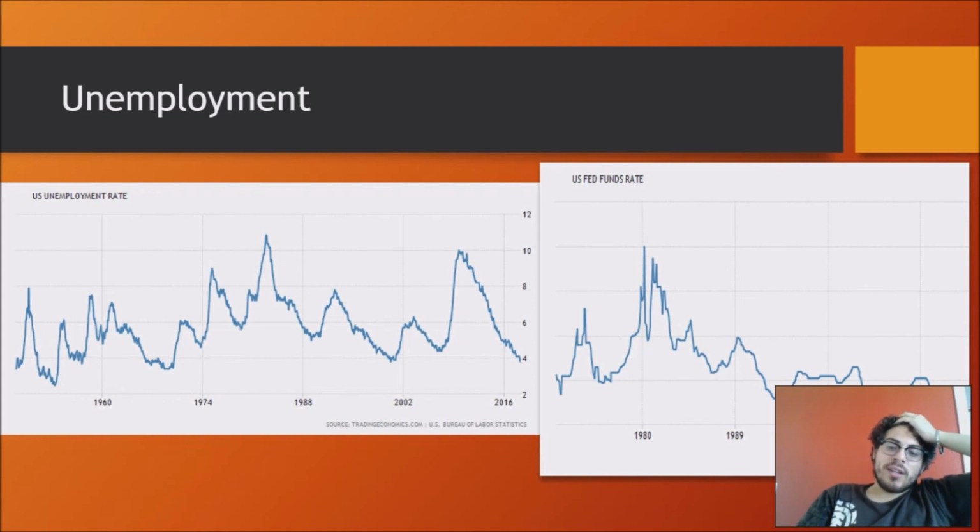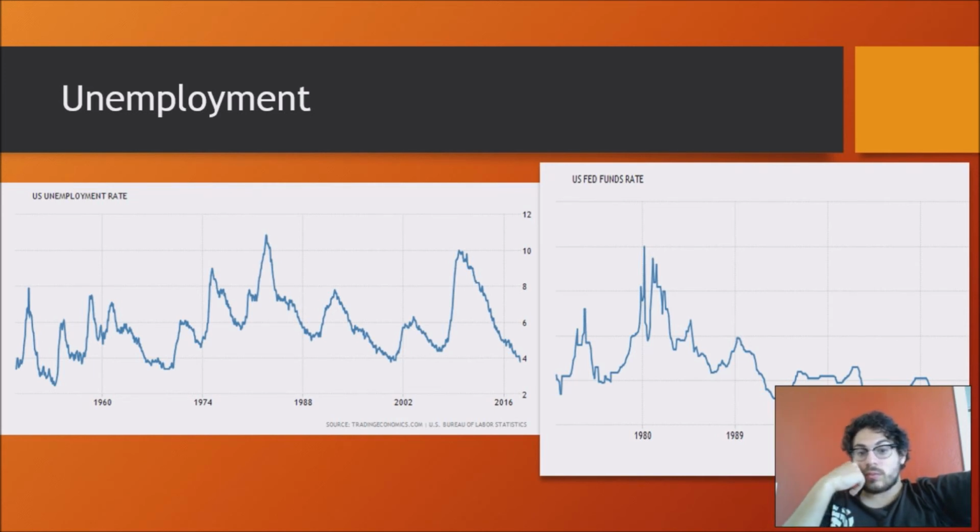I'm always using 1980 as the major example, just because that was the highest point for our interest rates. As you can see, 1980 corresponded to the biggest level of unemployment in our recent post-war US economy history.